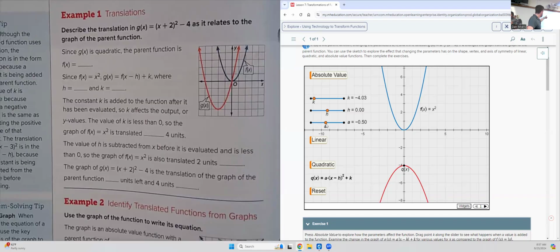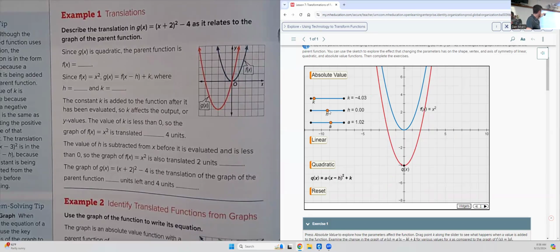Our a value, what's our a value here if there's no value of a multiplied on the outside? If you don't have a number, what number would you multiply to not change something? 1. Okay, so a is 1. Not really important to this problem, but it is important for this graph here. So I'm going to make this an a value of about 1. And then we have an h value.